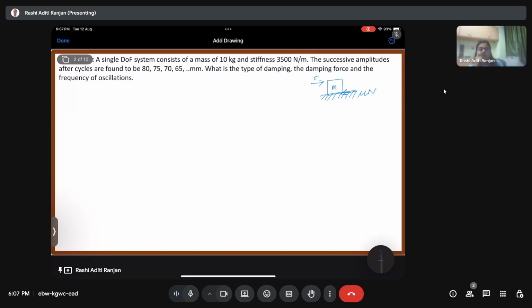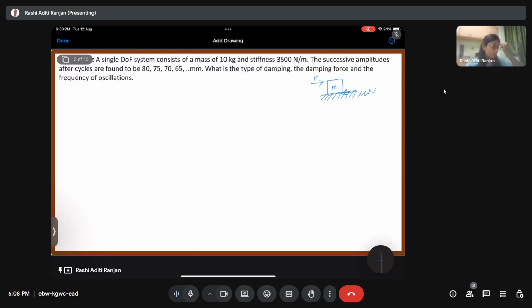So that was the case of friction. Depending upon whether the movement is in the forward direction or the backward direction, the friction force is always going to oppose the motion. That is clear to all of us, right? The whole equation of motion derivation and how we deal with that kind of system was already done in the lectures. I hope that is clear to every one of you and doesn't need any further discussion.